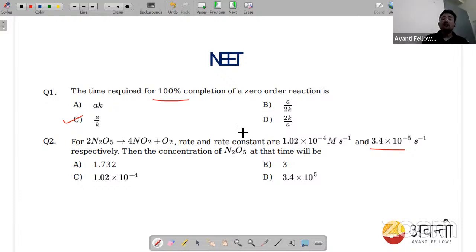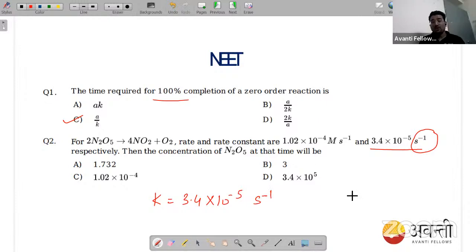Now here it is not given what kinetics this reaction is following. So by seeing the unit of the rate constant, we can clearly decide the order of reaction. Now here you can see the rate constant K is 3.4 into 10 to the power minus 5 second inverse.